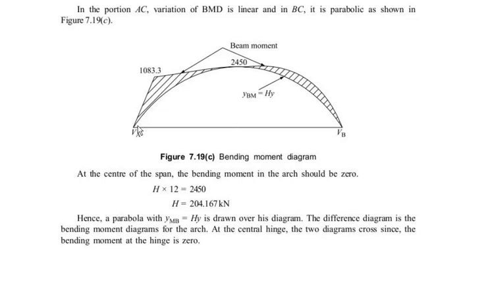If it was a beam, the full portion would be the bending moment in the beam. But here this is the advantage of the arch. From the equivalent beam moment, the value H into y is deducted, and that is the value of the bending moment at each position on the arch.